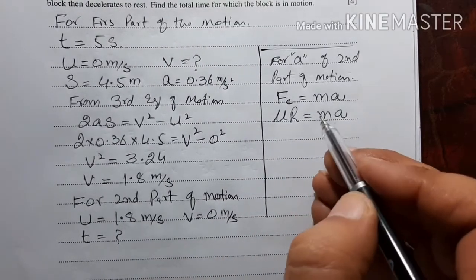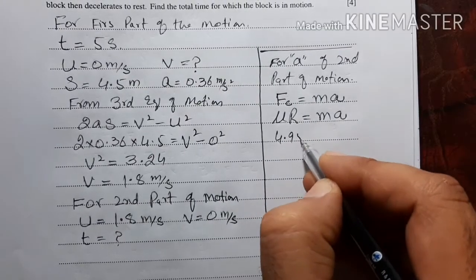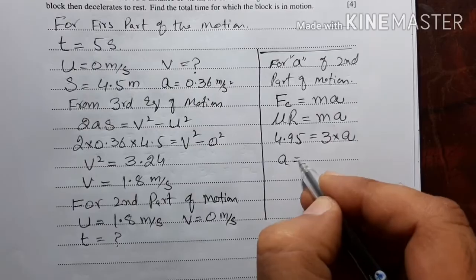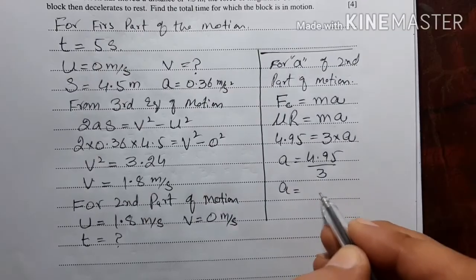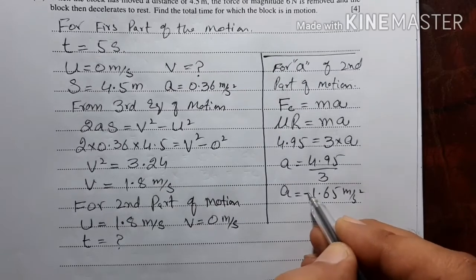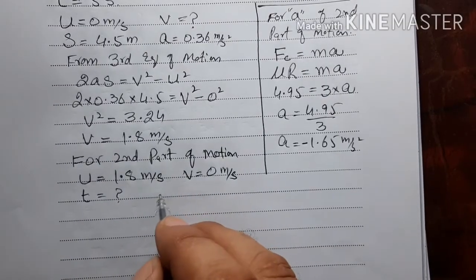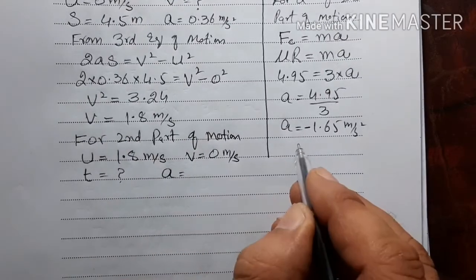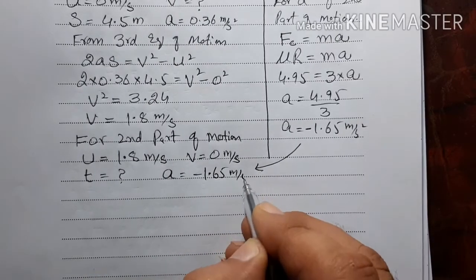Just put the values. Mu R was actually 4.95, which is equal to 3 into a, or a is equal to 4.95 over 3. So a is equal to 1.65 meters per second squared, negative, because this is deceleration. That's why there must be a negative. So the deceleration of the particle in the second part of the journey was minus 1.65 meters per second squared.